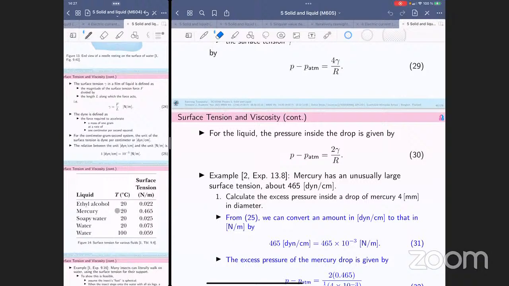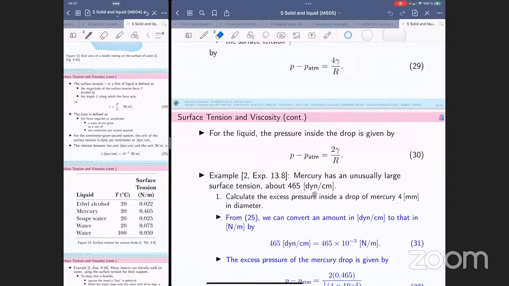At room temperature, 20 degrees Celsius, it has 0.465, which is 20 times greater than ethyl alcohol or even 15 times higher than water. It has a very strong surface tension, you can see here. That's why they say it has an unusually large surface tension.